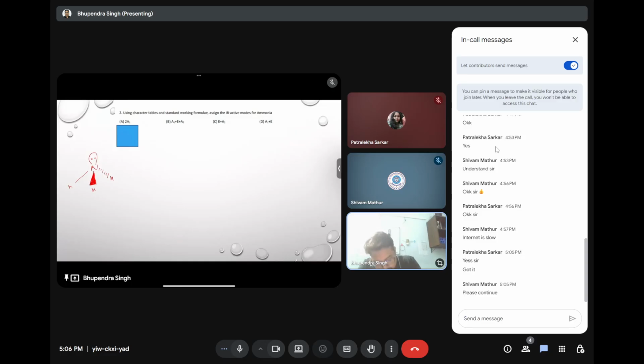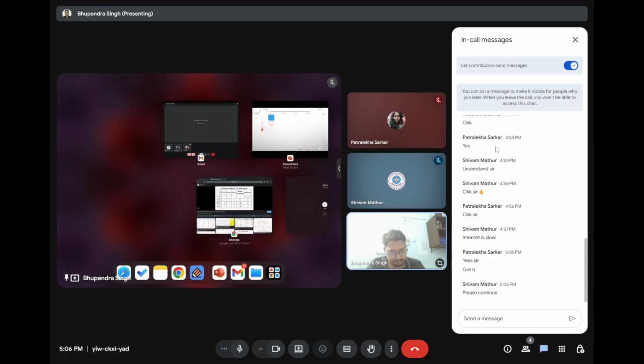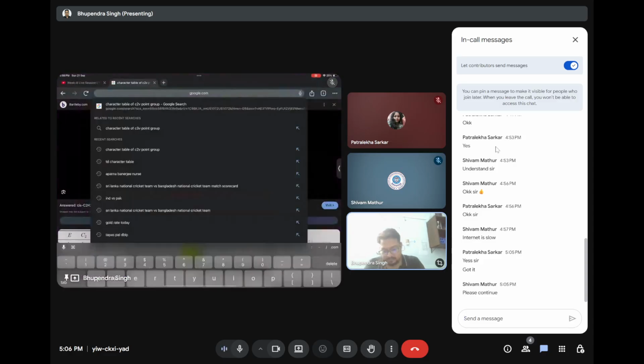Okay. The point group of ammonia is C3V. So we need to find the character table of C3V.